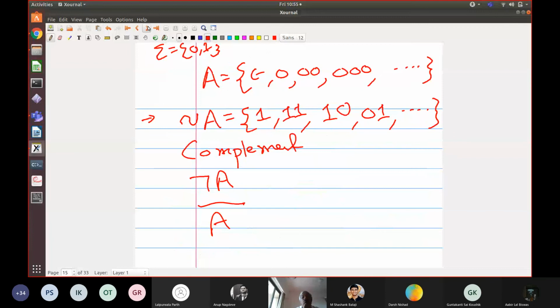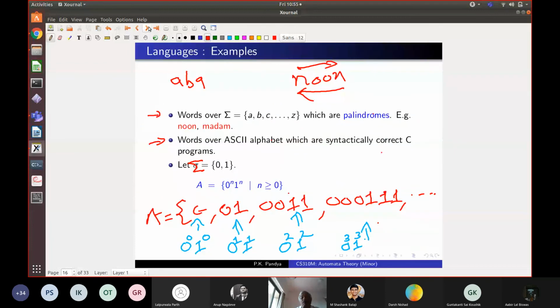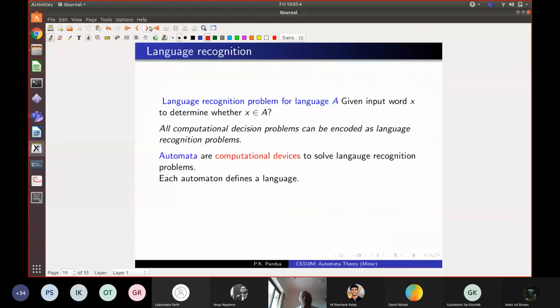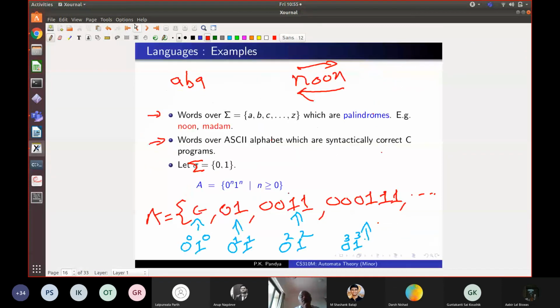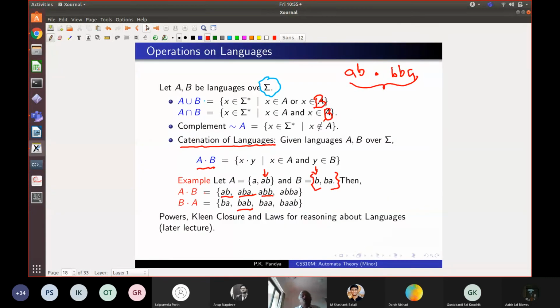When we define a language recognition problem, what we are saying is we have abstractly specified a language like this: all strings of the form sequence of zeros followed by sequence of ones, where the number of zeros is the same as the number of ones.